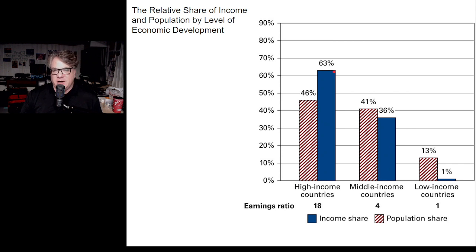Of course, you could see here most of the population is living in high and middle income countries, but there is a lot more income in high income countries than middle income countries. You can see here a large population share and not anywhere close to the income that they need for the population. That is another example of global stratification. That's what it looks like in a graph form, in a table.